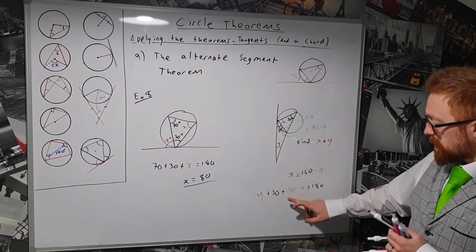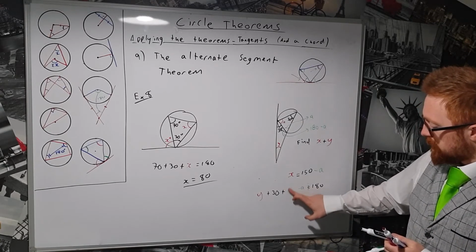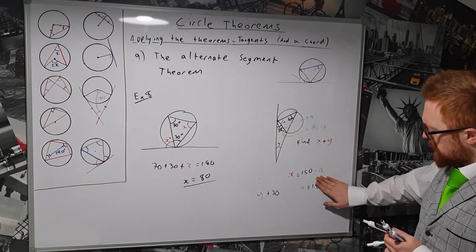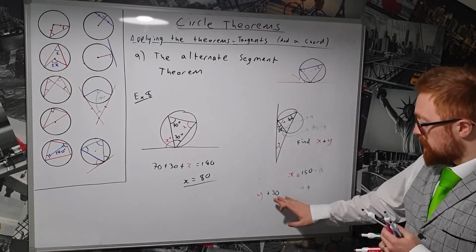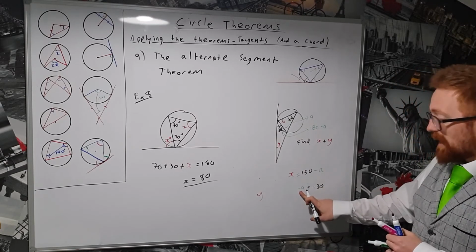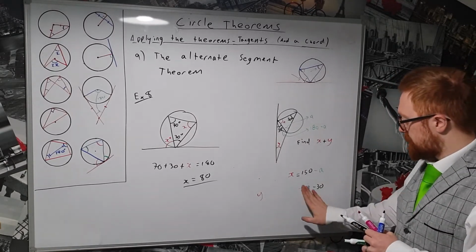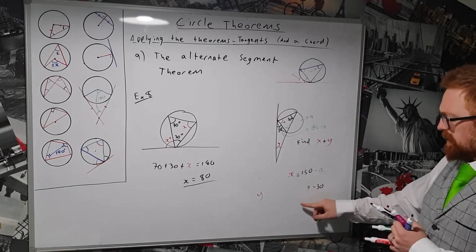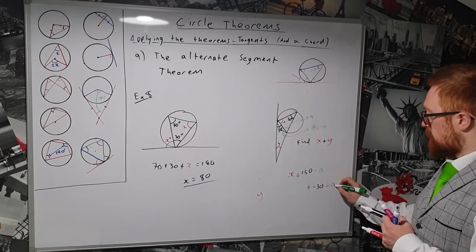If I subtract 180 from both sides, it gets rid of that 180 and gets rid of that 180. Then subtract the 30, I get negative 30. And this time I need to add the A to get rid of the negative A. It gives me minus 30 plus A.